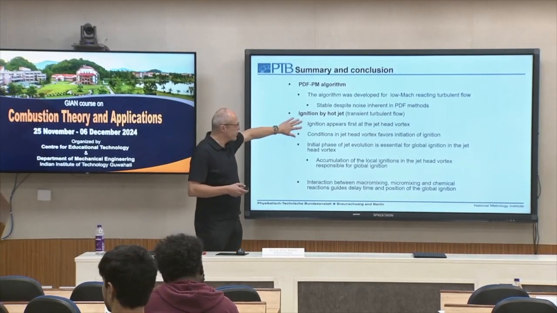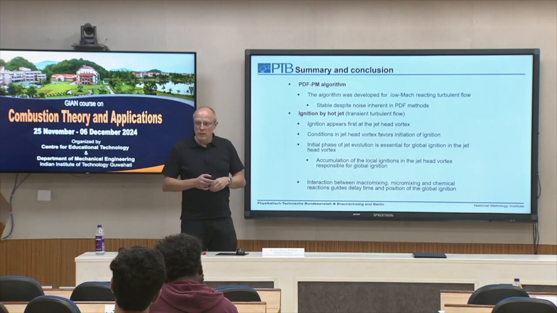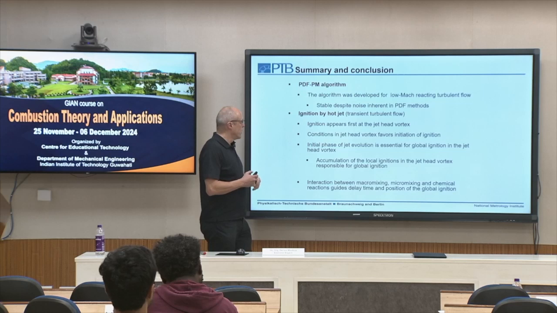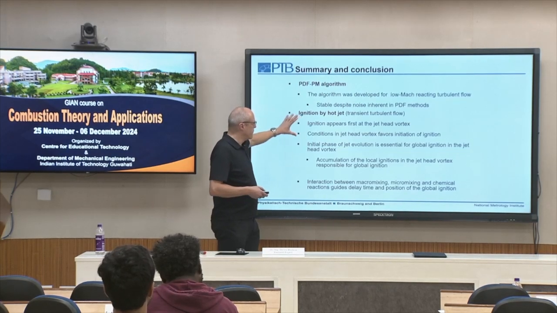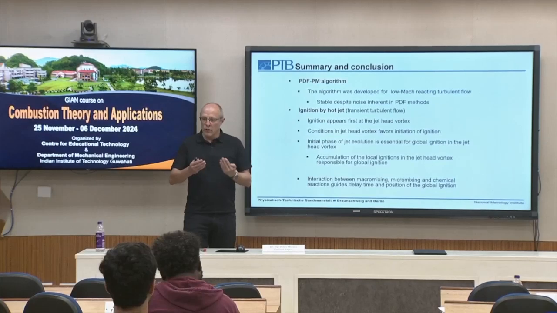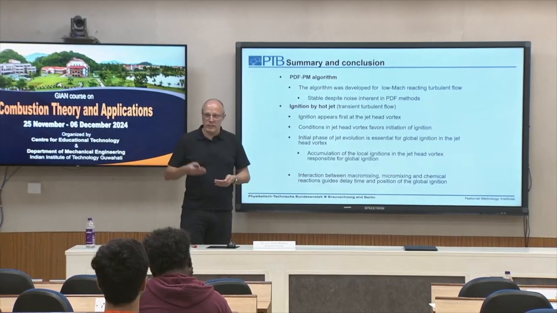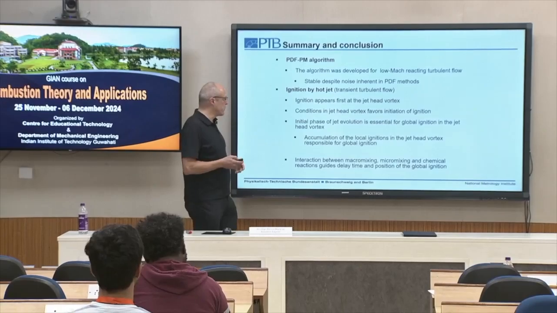So the ignition appears first at the jet head vortex. This is what we have seen in the experiments too. And now we can explain why it has to happen. As I said, that's the competition between mixing, cooling down the system, and chemical reactions leading to ignition.